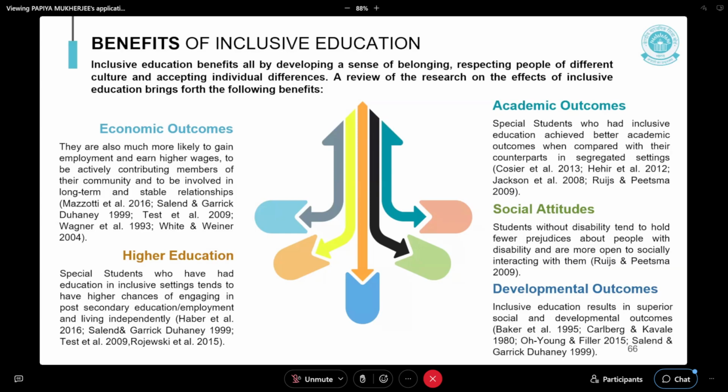They are better socially adjusted. Their economic outputs are better because they do better in life, they contribute, and they become productive members of society. Those who have been groomed in inclusive education also go faster into higher education. They do not drop out early.